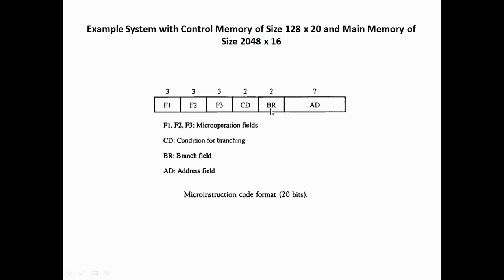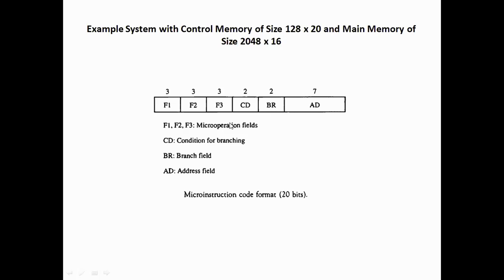BR represents the branch field and CD represents the condition for that branching. Right? So this will decide which branching will happen. The conditions will be checked here because of these bits. Which condition we have to check will be decided by these bits, and this will be the branching thing.